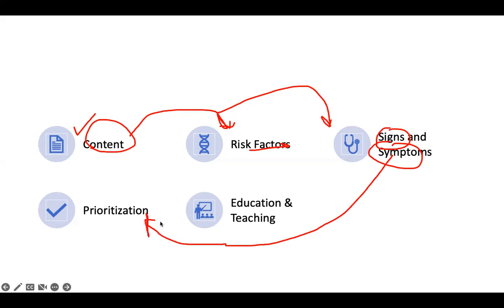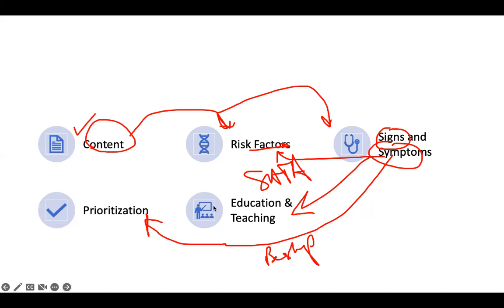So if patients come in and they ask who do you see first, you're looking for somebody who has the signs and symptoms that is going to die. And that is what we call being sharp. You see how everything is interconnected? And then when you know the signs and symptoms, you can educate the patient to avoid those factors. And if they say something wrong, you can intervene and teach them. And this is your SATA. So they are all one, interconnected.